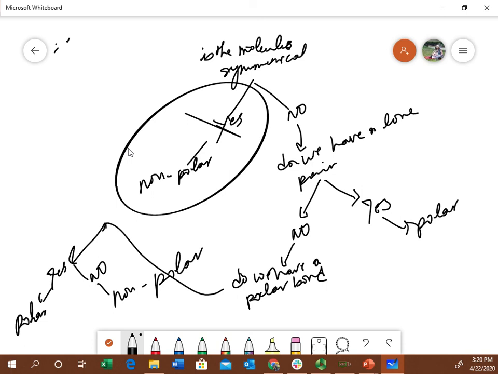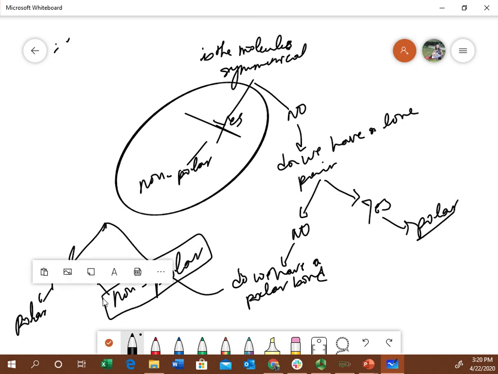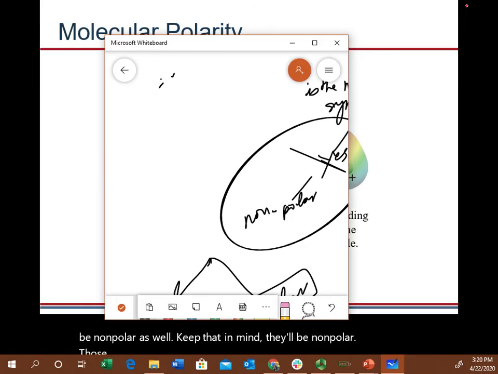If it has a lone pair, then even if it's asymmetrical, it's going to be polar. But if it doesn't have a lone pair and it doesn't have a polar bond, it's going to be nonpolar as well. Okay, keep that in mind. Those are the conditions for polarity.